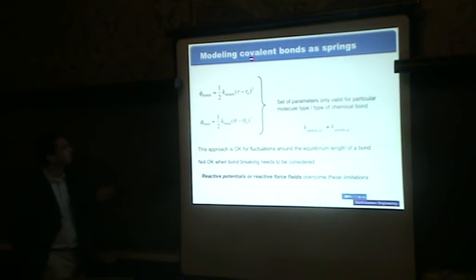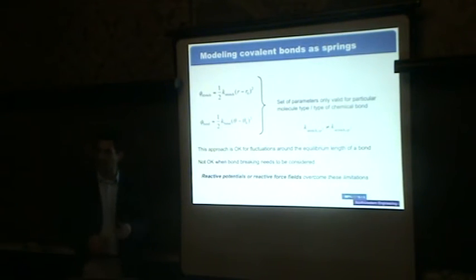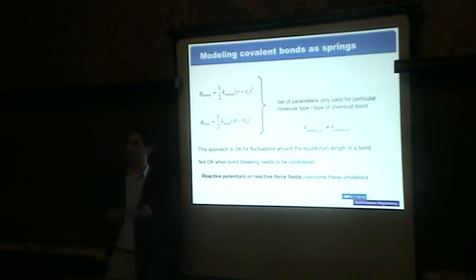What we do instead is have these covalent bonds represented by harmonic springs. We change the stiffness of the springs and so forth when we have different kinds of bonds, but the transitions between these cases are not very easy to capture. So when we need to capture a bond breaking, or covalent bond breaking as opposed to hydrogen bonds and so forth, we need what we call a reactive simulation approach.